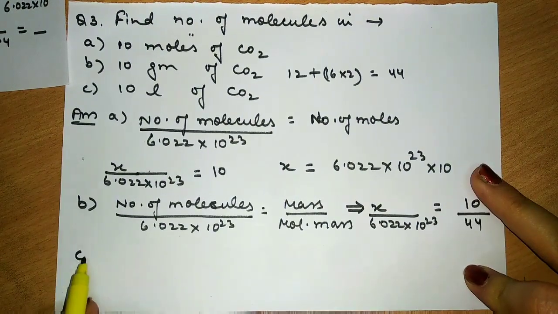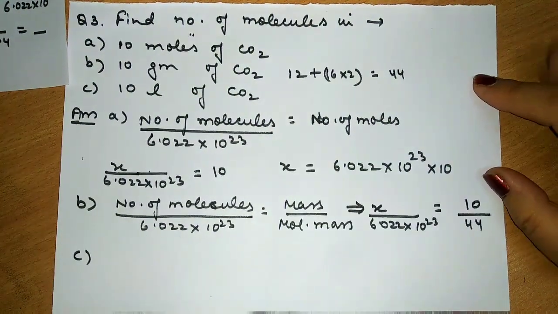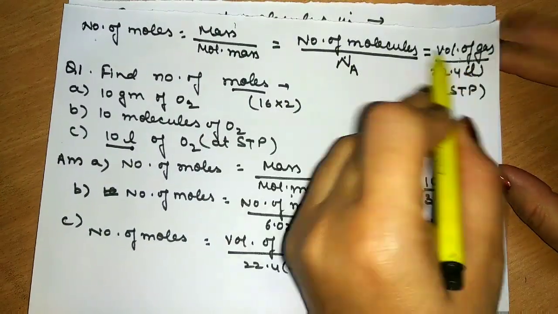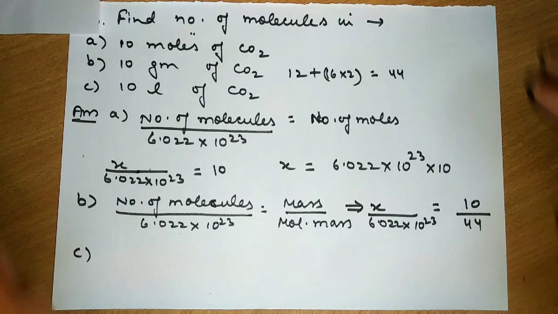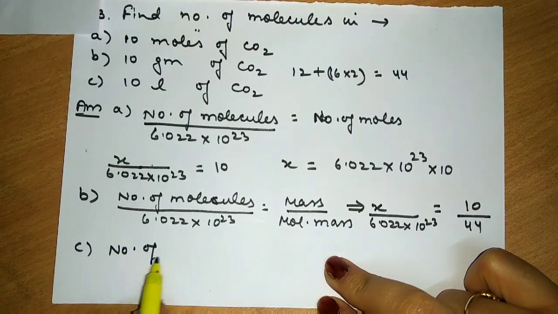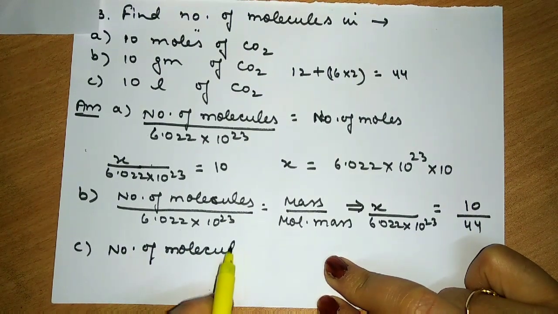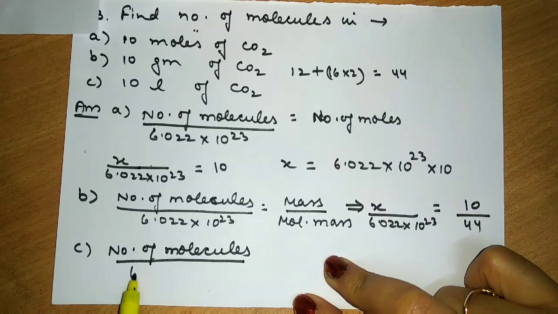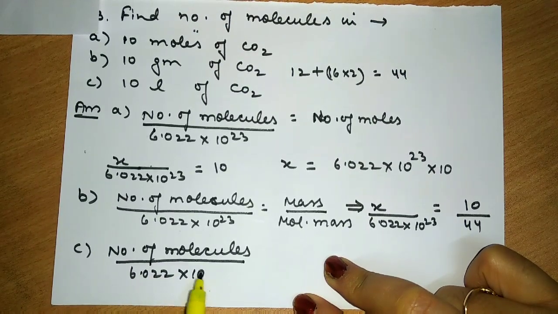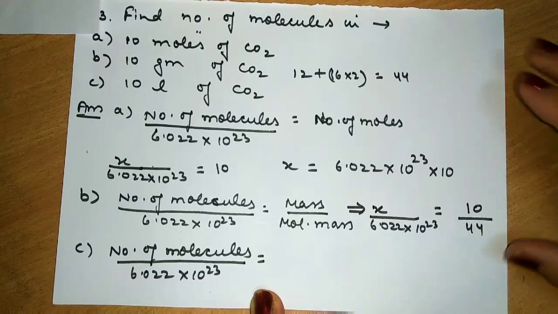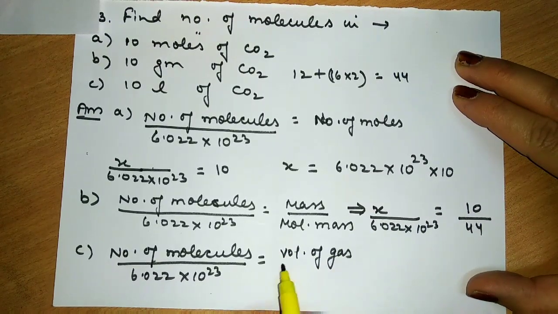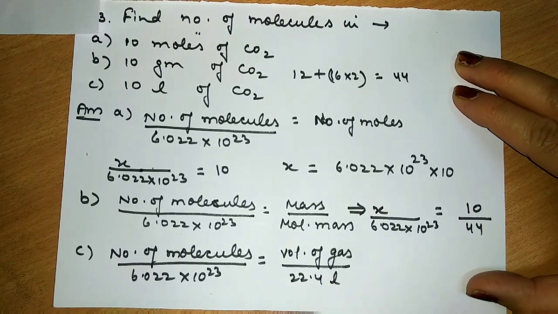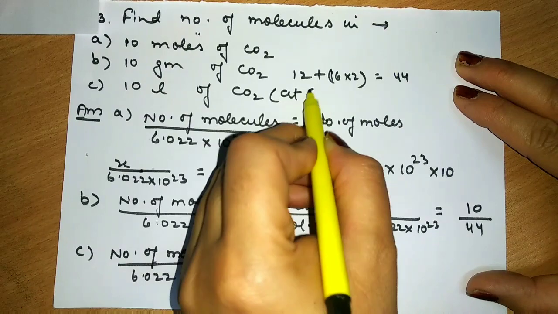Great. Third is volume. Number of molecules and volume, so we'll compare these two formulae. Clear? Very good. I hope it is very clear to you now, and there will be no doubt. And what is the formula for volume? Volume of gas divided by 22.4 liter at STP.